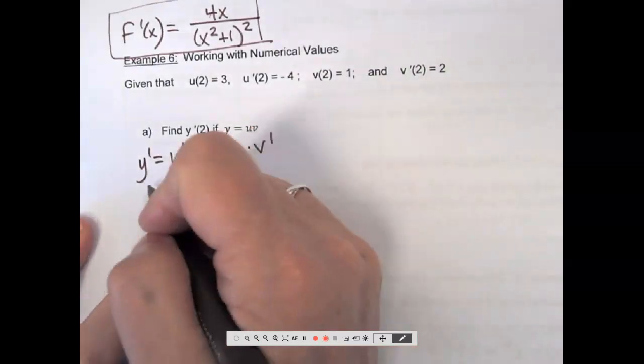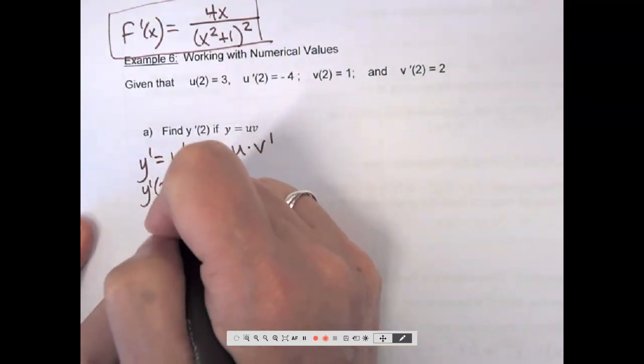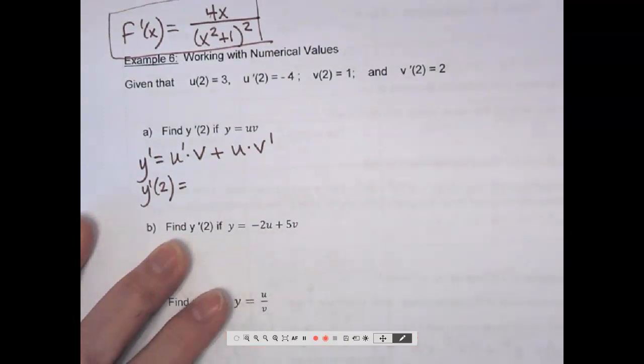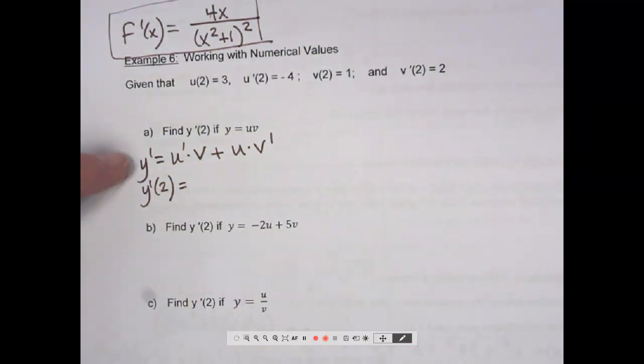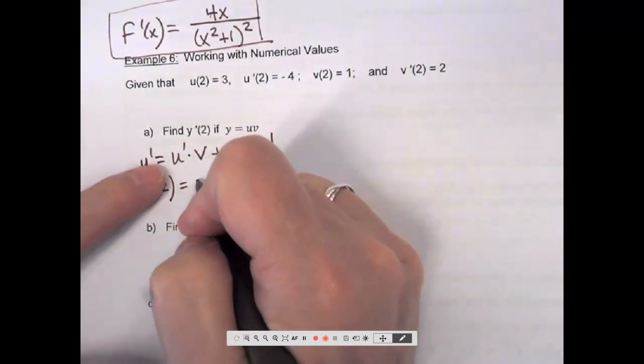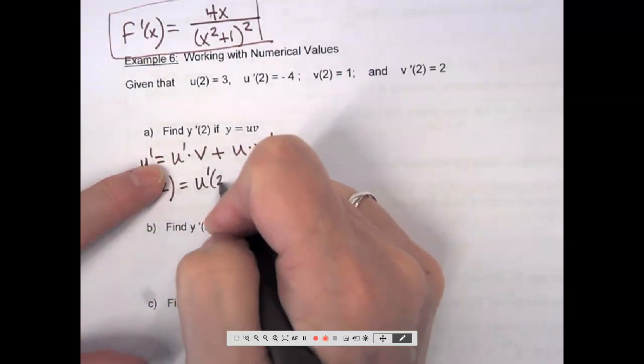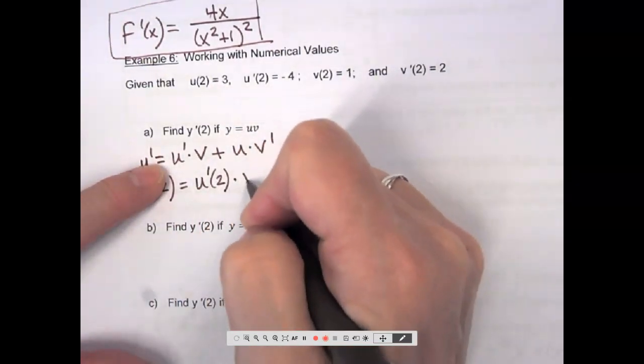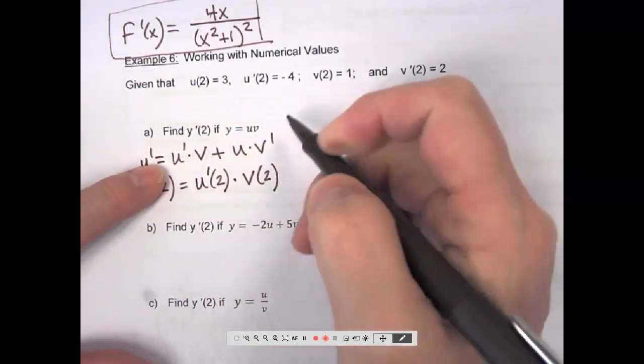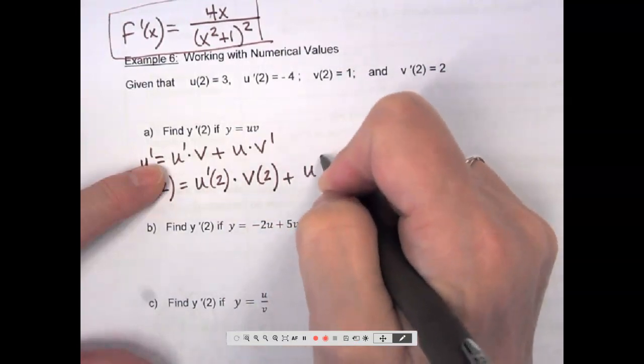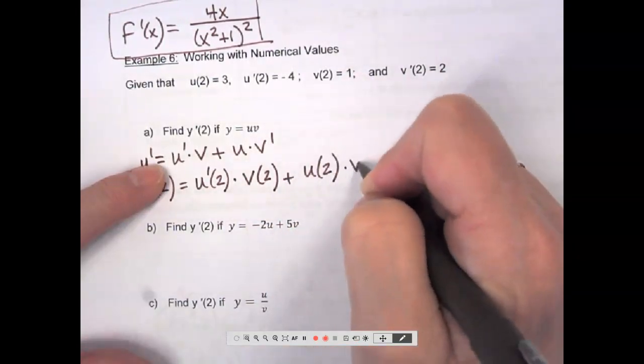Okay, well, I want to find y prime of 2. So not only do I want to find the derivative, but I want to find the derivative at a particular point, when x is 2. So all that's going to change is this will be u prime at 2 times v at 2 plus u at 2 and v prime at 2.